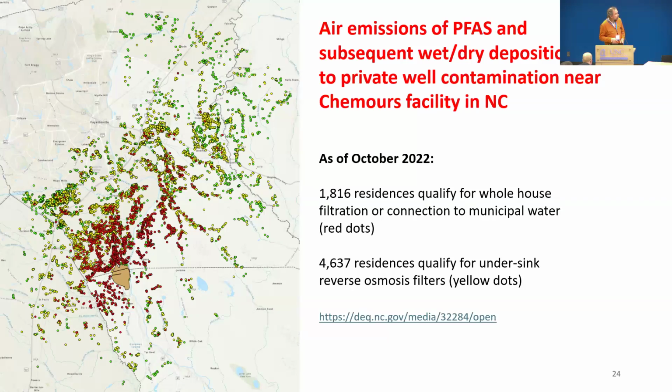Each dot is one of thousands of private wells contaminated with PFAS. Wells that are 10, 20 miles away from the facility are still contaminated. As of October of 2 years ago, about 6,500 homes were eligible to receive some kind of intervention, either whole house filtration or under sink reverse osmosis systems.